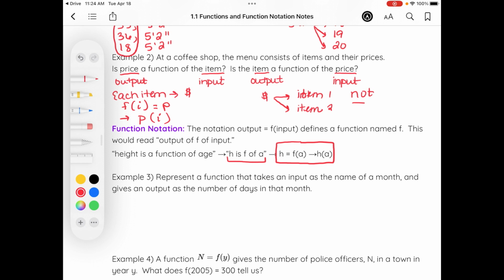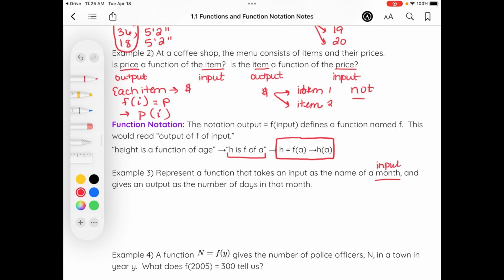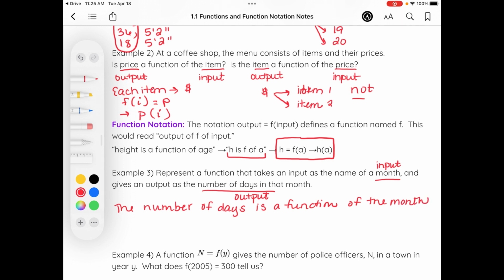Represent a function that takes an input as the name of a month and gives an output as the number of days of the month. So I'm inputting the month, and the number of days in that month is defined by the output. Thus, the number of days is a function of the month.